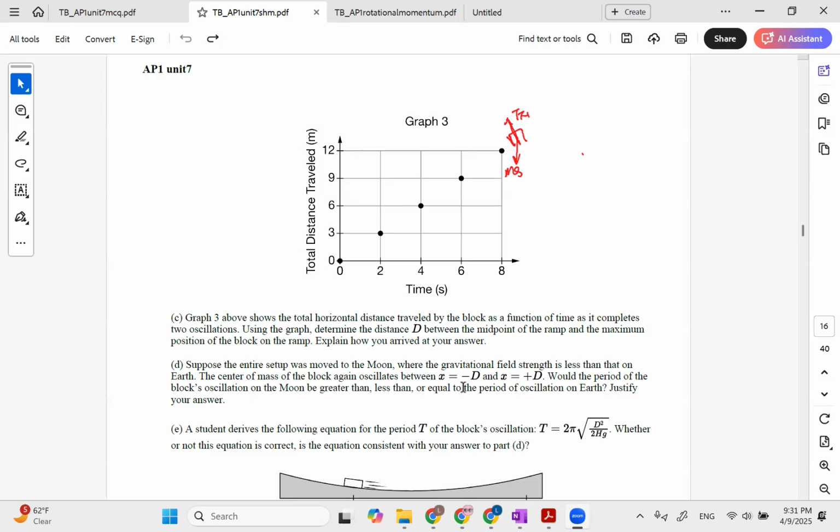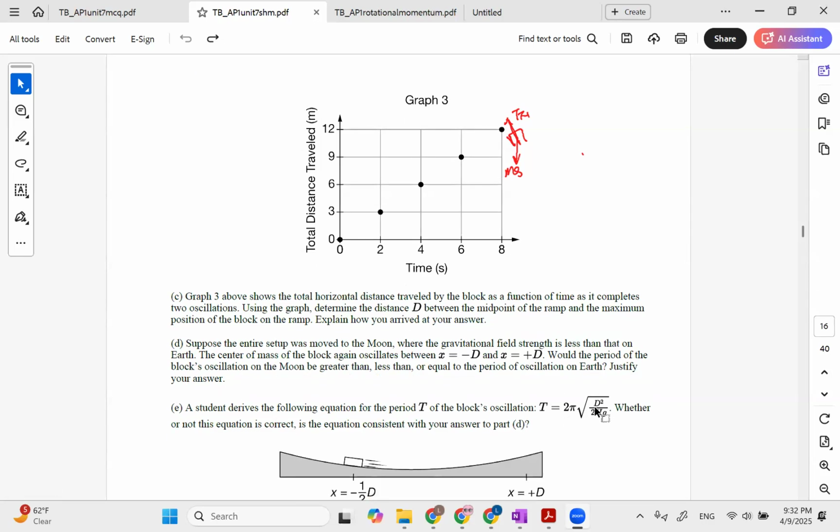What do you get, Nana? I was thinking less at first, but then if you use the equation T equals 2 pi square root of 2h over g, and then if g decreases, wouldn't it increase? Oh, but this is E, right?